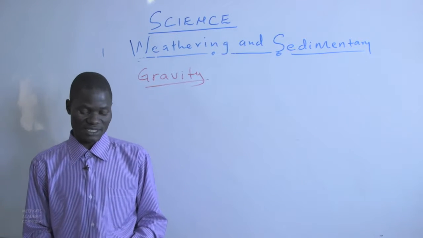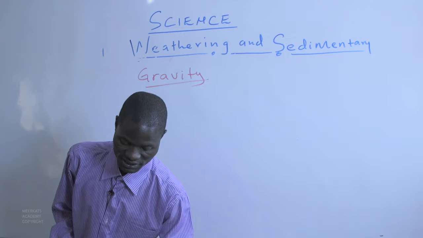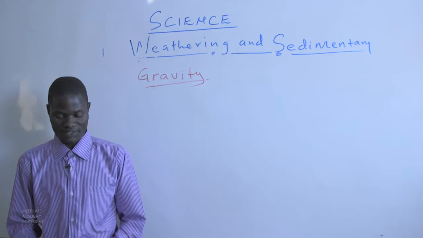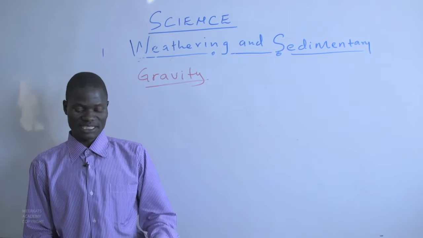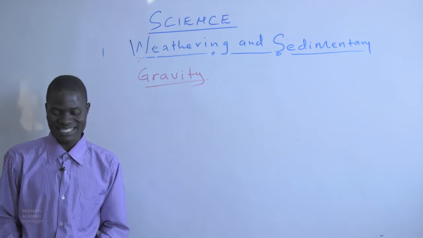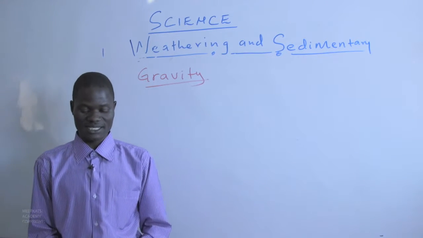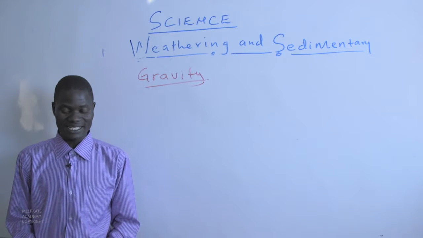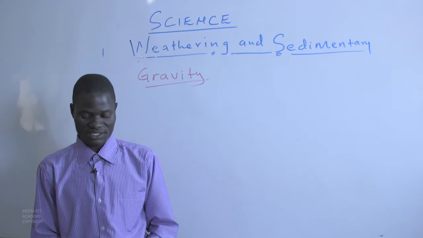The force of gravity is evident in various places on the Earth's surface. Such materials may be moved in the form of landslides, rock slides and mud flows. They occur under the influence of gravity.